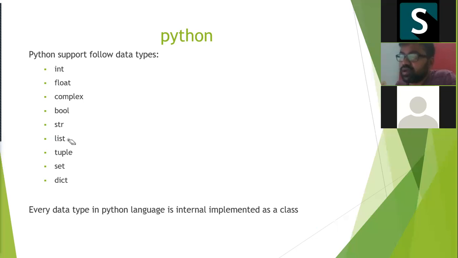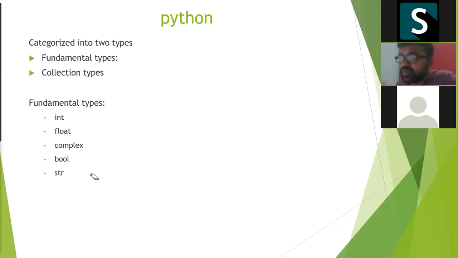We use different formats. For list, we use open and close brackets. For tuples, we use open and close parentheses. For set and dictionary, we use curly braces. I'll show you one by one. Here set doesn't allow duplicate values, right?